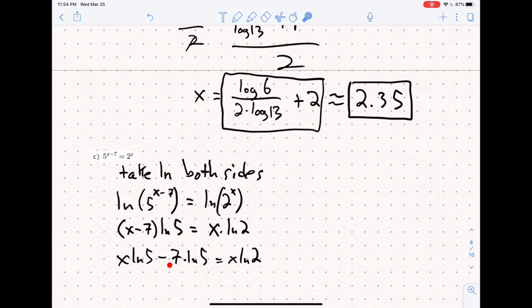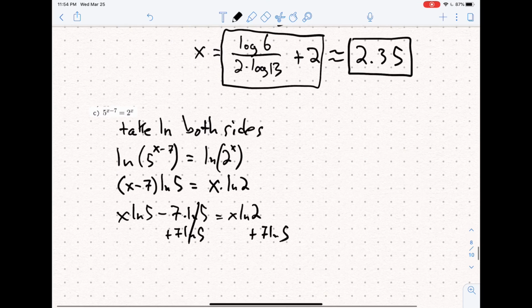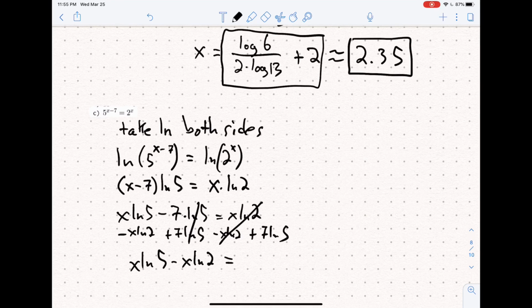And so what we're going to do is move the term that does not have an x over to this side and move this x back over to that side so that we have all the x's collected on one side. We're going to add 7 ln 5 to both sides, and then those cancel. And we're going to subtract x ln 2 from both sides, and those cancel. So on the left we have x ln 5 minus x ln 2 is equal to 7 ln 5.